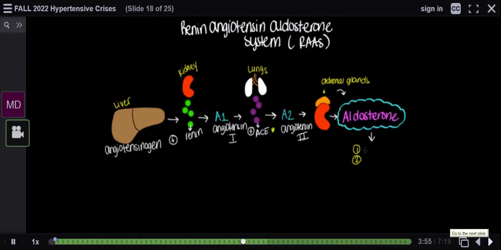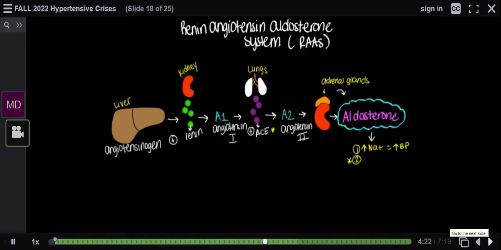And so how does it do that? Well, when we have aldosterone, we actually are increasing the reabsorption of sodium. So if we increase the reabsorption of sodium, that means that we are increasing the fluid that we have on board, which essentially is going to increase our blood pressure, right? So here's our first way that aldosterone is going to work on our body to increase blood pressure.